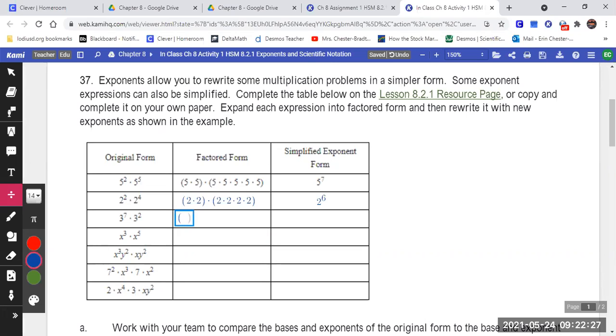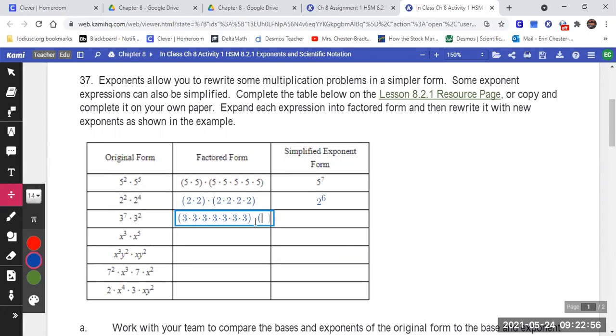Oh, yep. So yes, we would be going 7 of them. 3, 2, 3, 4, 5, 6, 7. I might have to go ahead and make a smaller font.